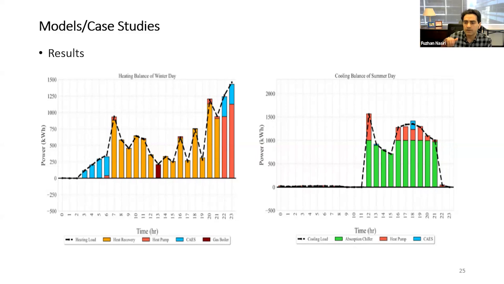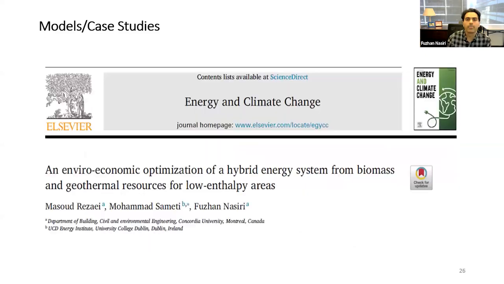So technologies were heat pump, absorption chiller, joined with the boiler for the heating. So there is a gas boiler as a backup when we need heating and storage is not enough. We switch into the gas boiler as the backup last resort.